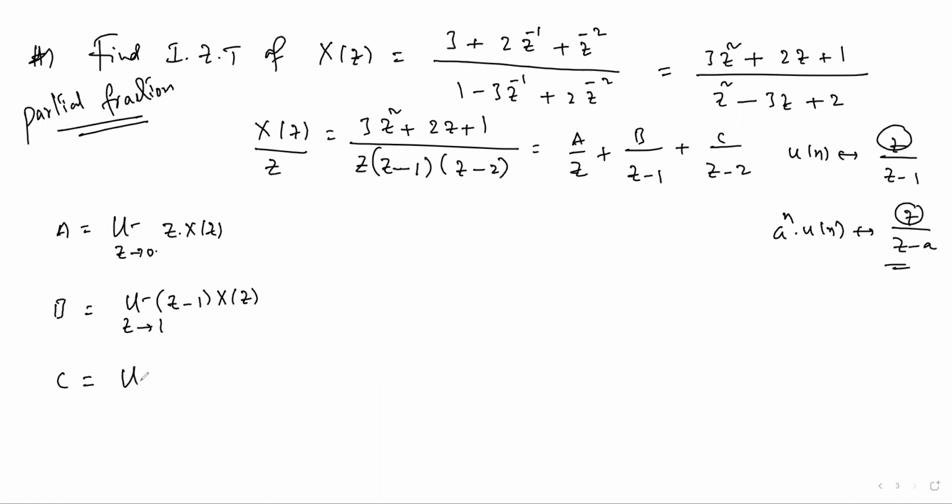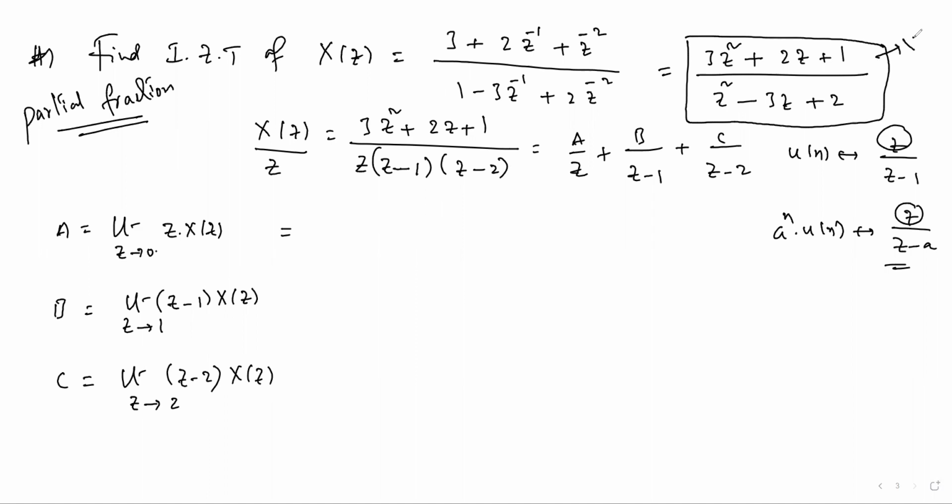C value we can take limit z tending to 2 of z minus 2 times x of z. Substitute z into x of z. X of z expression does not change. This is x of z.